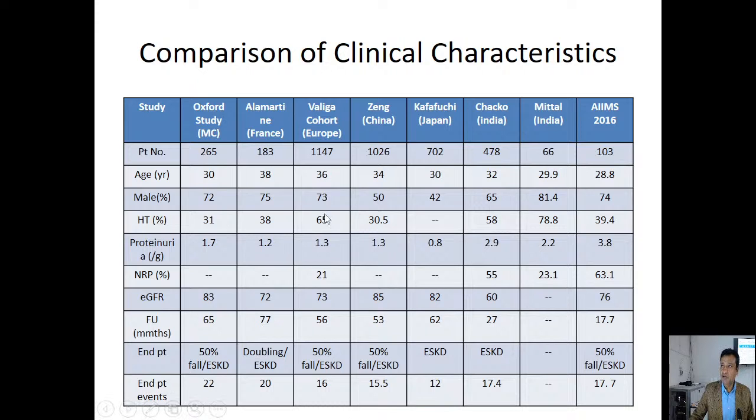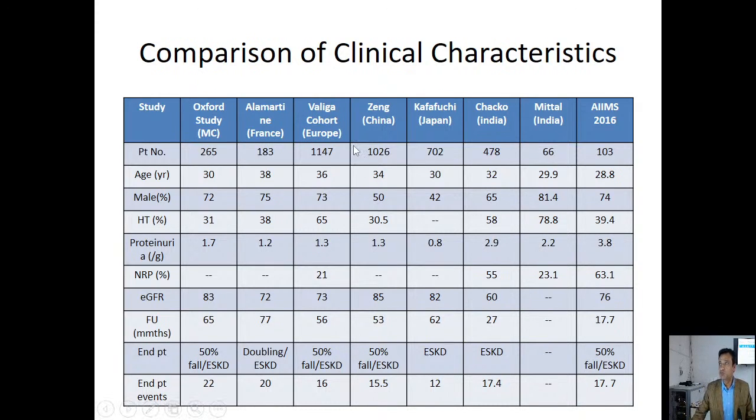In this pan-European cohort, a high proportion were hypertensive, again significant proteinuric disease, nephrotic range proteinuria in around 20%, significantly lower GFR, and again on follow-up varying from 77 to 56 months, hard renal endpoints in around 20% to 16%.